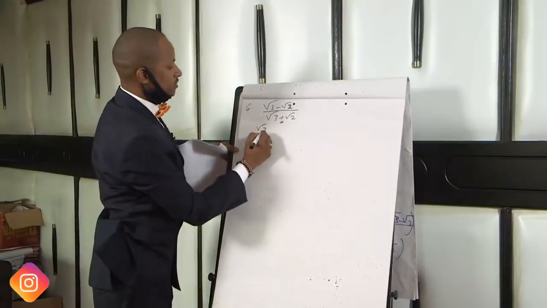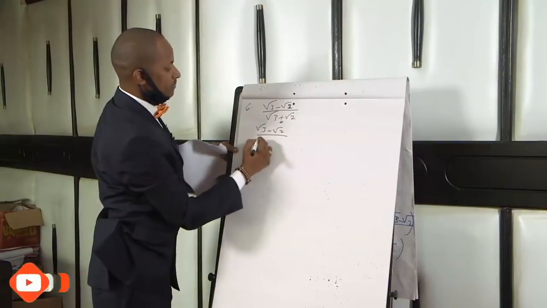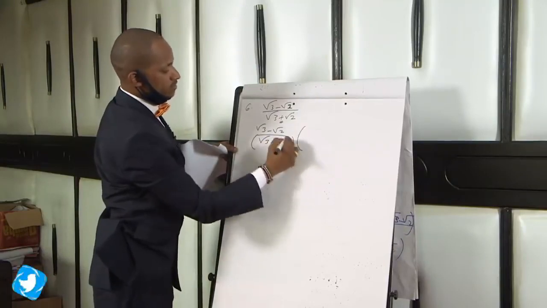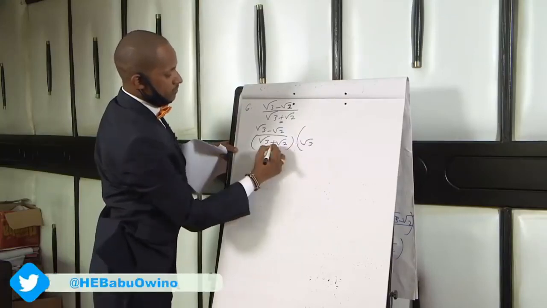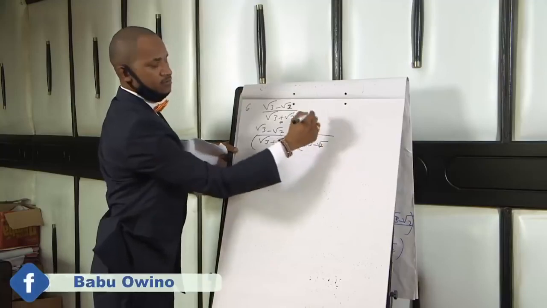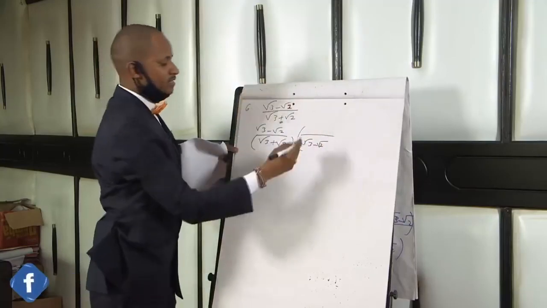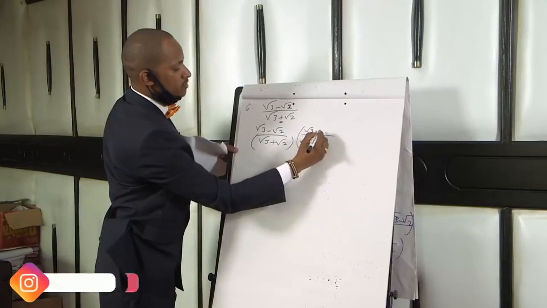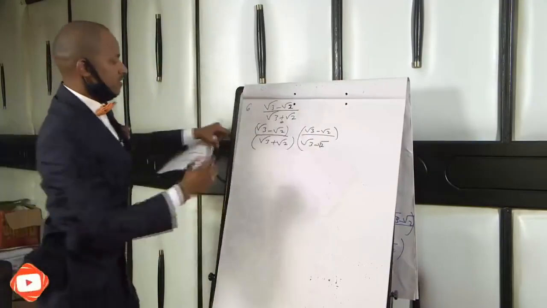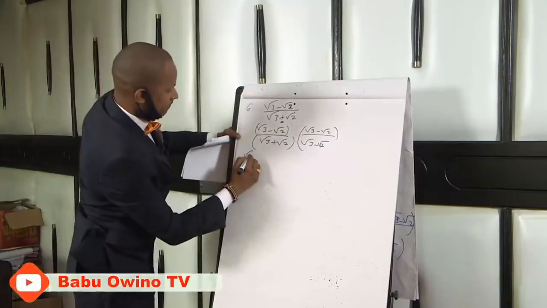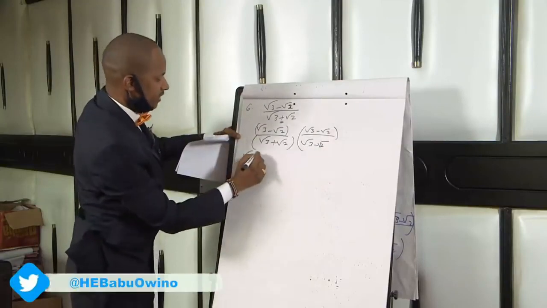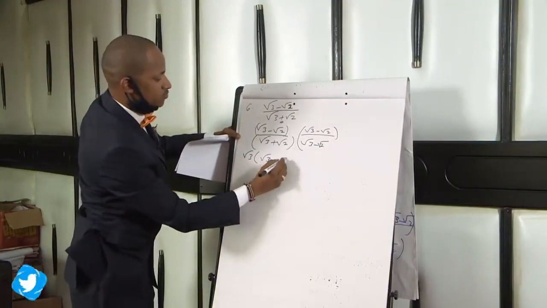So here we have root 3 minus root 2 divided by root 3 plus root 2, but you multiply by the conjugate, which is root 3 minus root 2, in both the denominator and the numerator. Then you expand. In the numerator, we have root 3 times root 3 minus root 2, then minus root 2 times root 3 minus root 2.